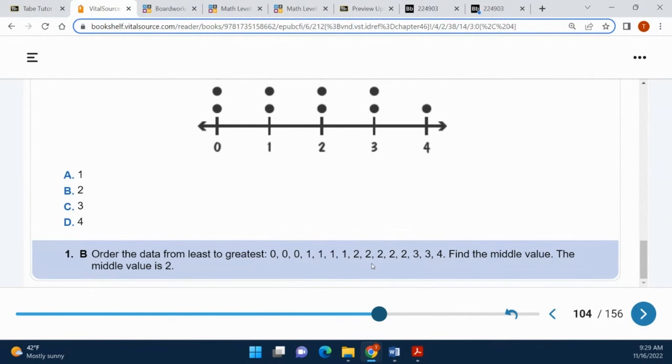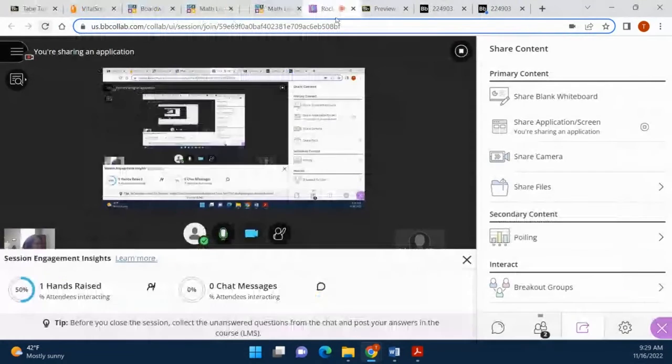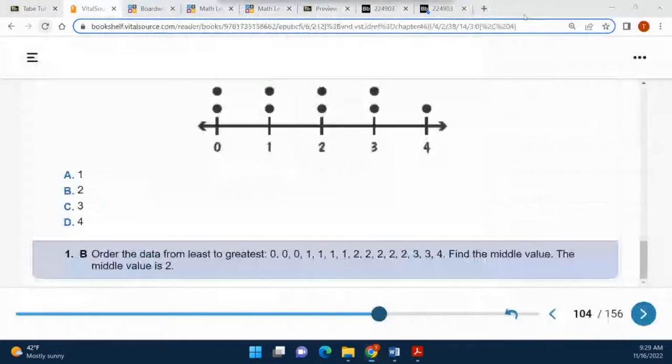So what I'm going to do now is I am going to stop sharing the screen, and I'm going to go to the whiteboard because this one I need to demonstrate for you. We had 3 zeros. So I'm going to write.